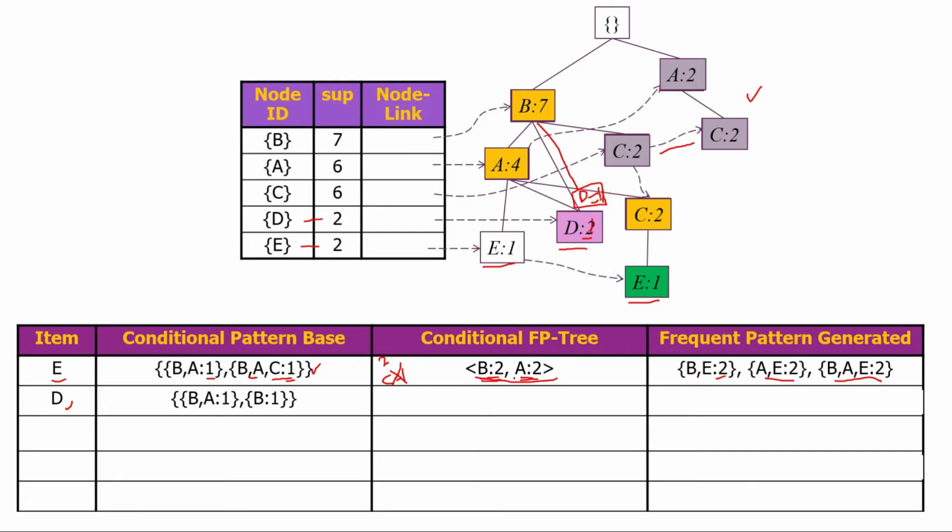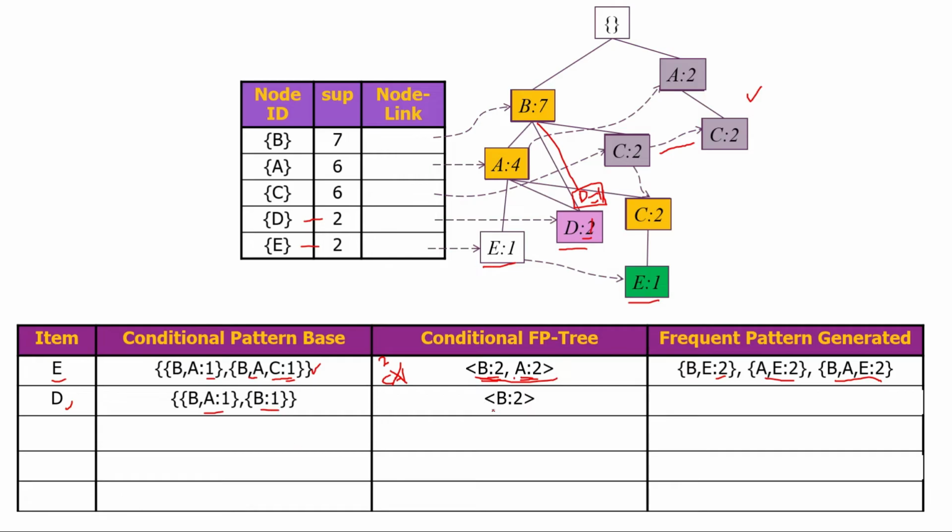So B and A with the D value of 1, and the second path is B and its value is 1.